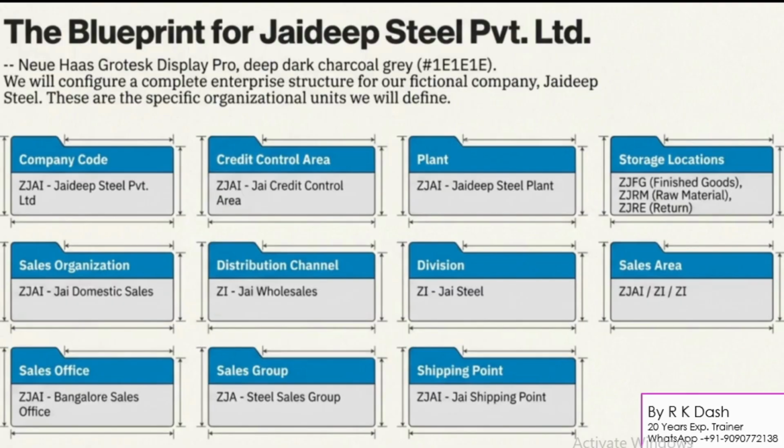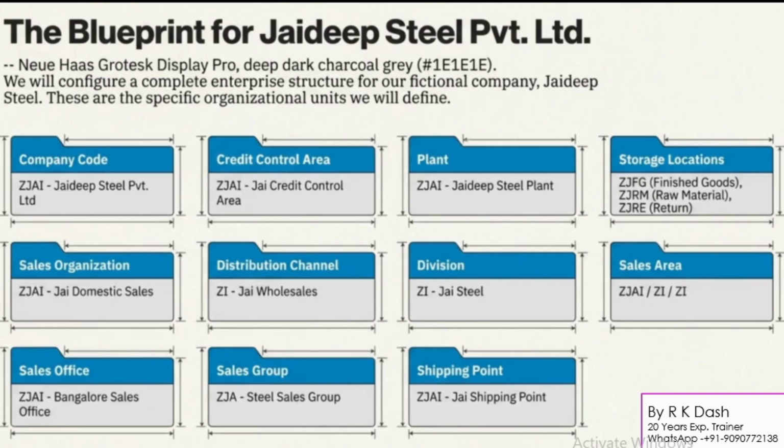Sales area would be the combination of sales organization ZJAI, division ZI, and distribution channel ZI also. Here the sales office we are taking is ZJAI, Bangalore sales office, the sales group is ZJAI Steel Sales Group, and the shipping point would be ZJAI Jai Shipping.